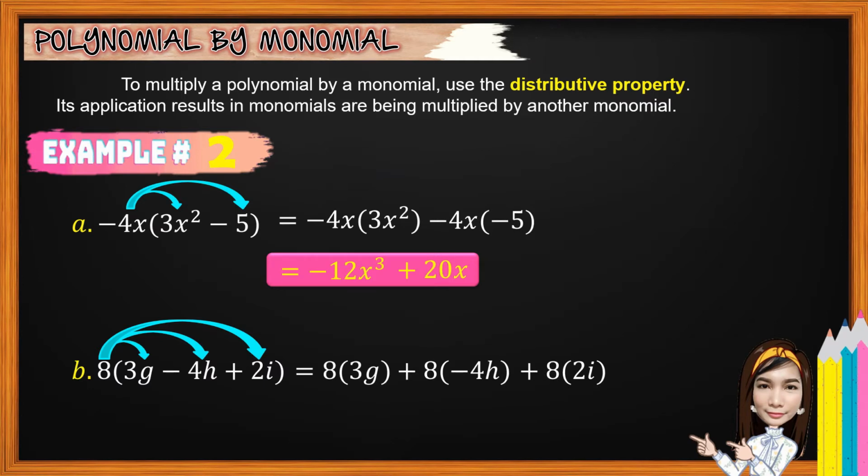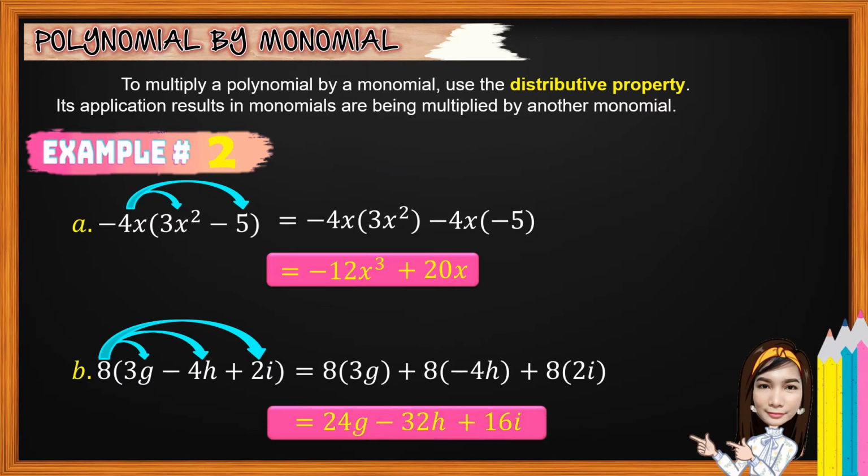Then perform multiplication. 8 times 3g is equal to 24g. Positive 8 times negative 4h is equal to negative 32h. Positive 8 times 2i is equal to positive 16i. So the product is 24g minus 32h plus 16i.